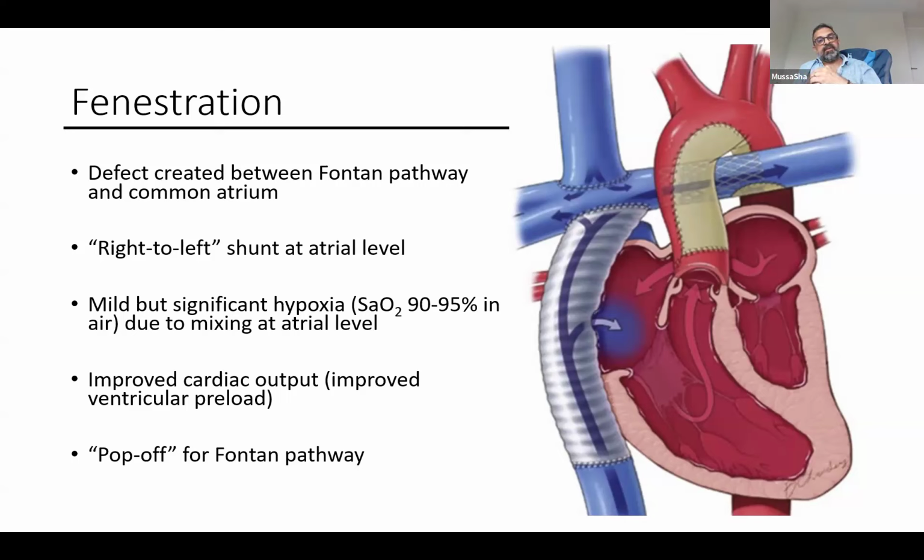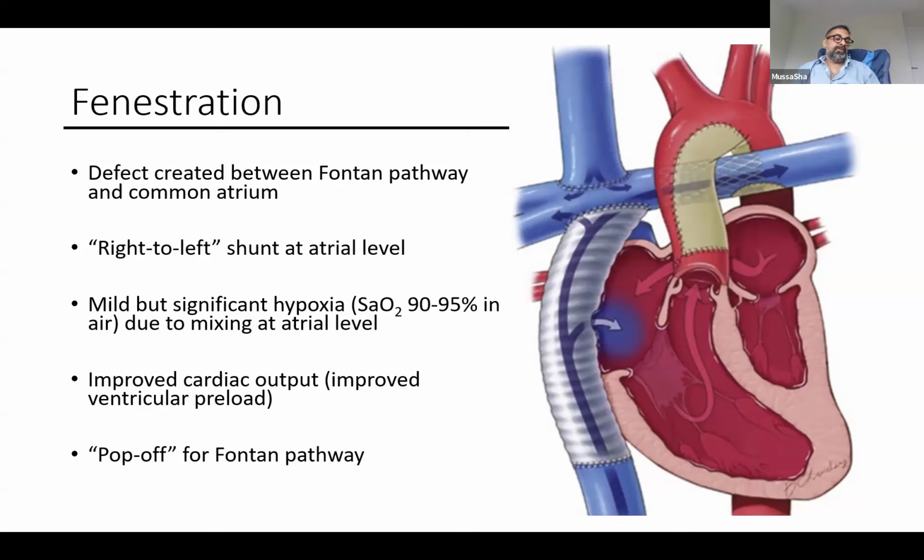Whereas if we fenestrate the Fontan circulation to try and improve ventricular preload, what we end up doing is causing some mild hypoxia because there is mixing at atrial level. Okay. The other effect of having a fenestration in the Fontan pathway, okay, is that if the pulmonary artery pressures are transmitted into the Fontan pathway, if they are elevated in any way, the fenestration acts as a sort of pop-off valve to allow some of that pressure to dissipate, and therefore reduce the overall pressure in the Fontan circuit.